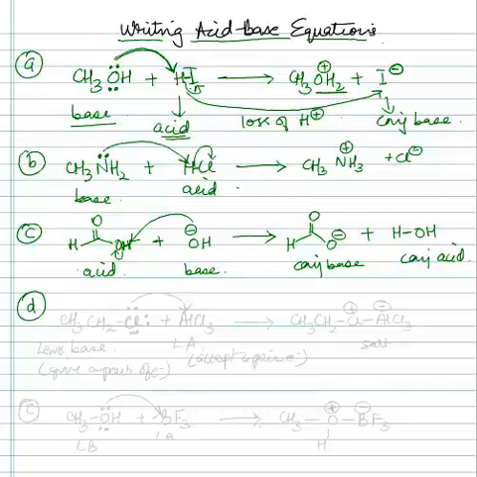Now let's take something a little bit different. Let's take CH3CH2Cl plus AlCl3. In this case you don't have any traditional acid and base, which means there's no Bronsted-Lowry acid and base.